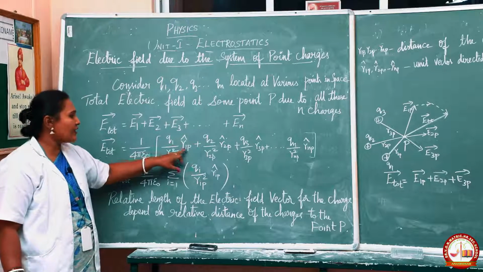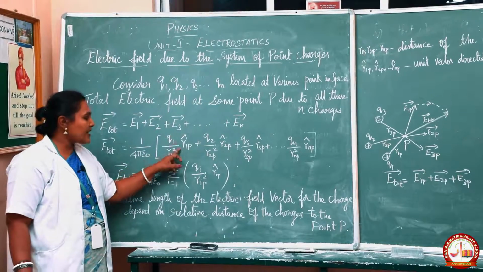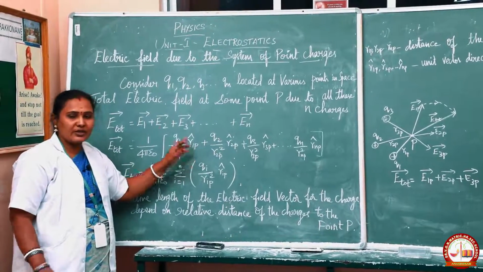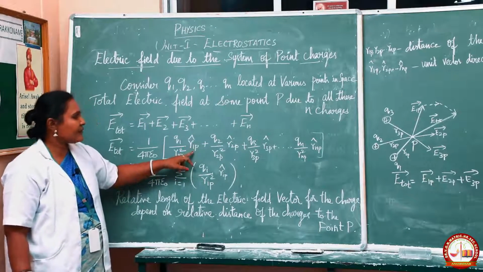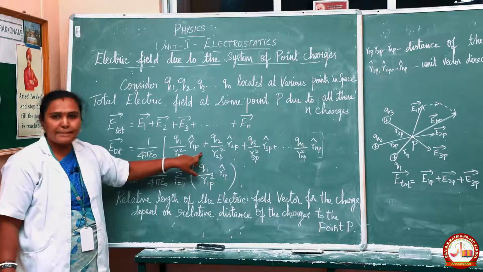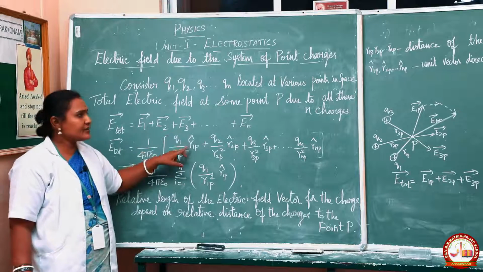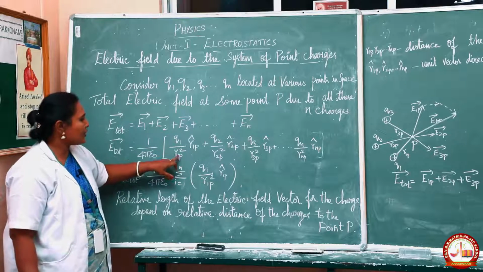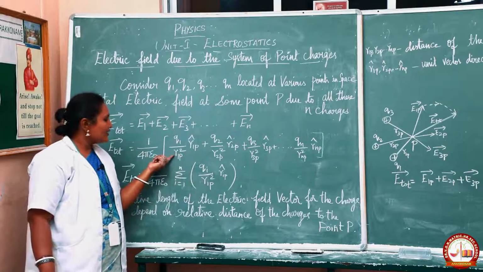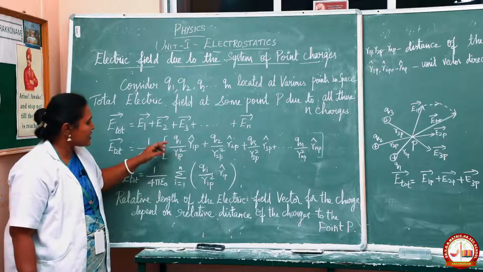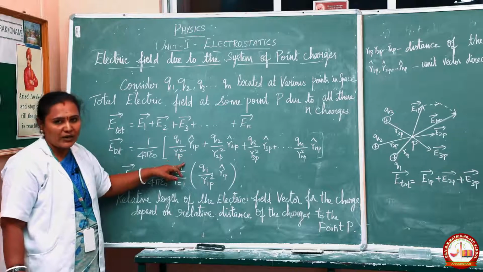What does R1p cap mean? It is the unit vector directed from the charge Q1 to the point P. And R1p represents the distance of the charge Q1 from the point P.